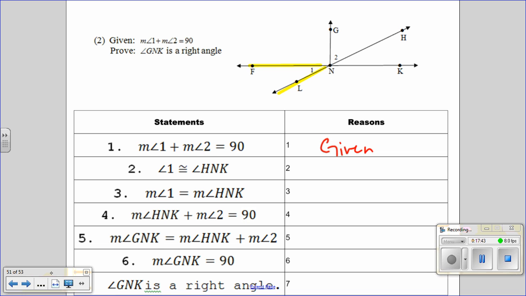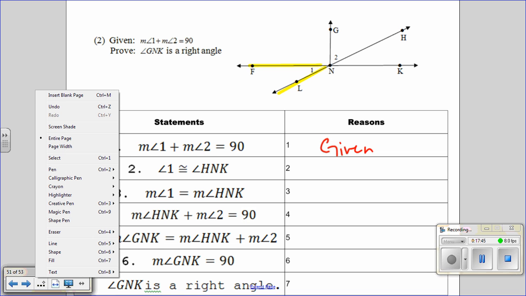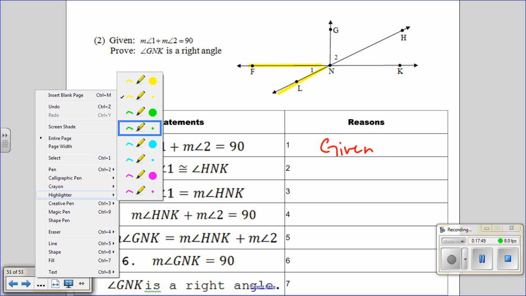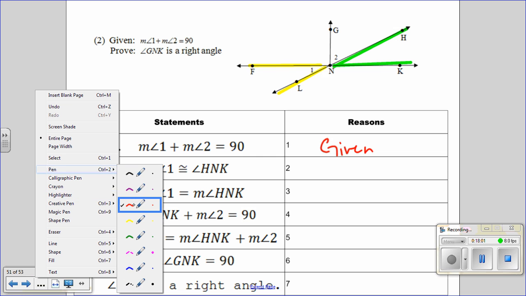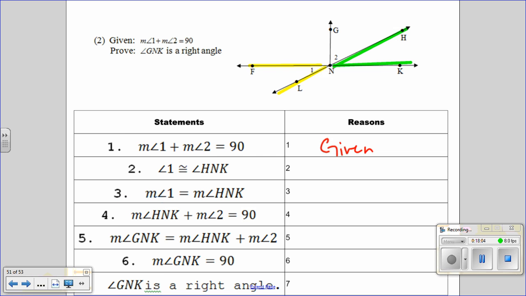And then HK is right here. Again, we kind of just talked about those. Why are those congruent? Because they're vertical. Exactly. Sharing a vertex. So since they're vertical, yes, their measures are going to be equal because that's the definition of congruent.